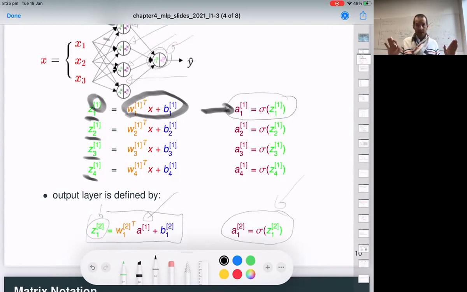Matt asked if sigma is the same for both layers. The most common is, we could have a different sigma for each neuron, but it is never done for this part. We just use the same activation function for the hidden layer.